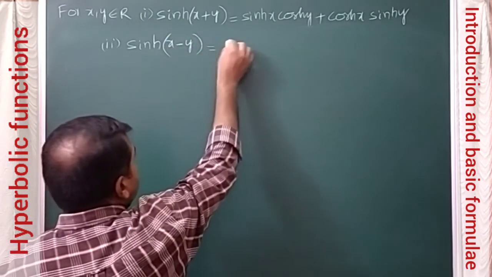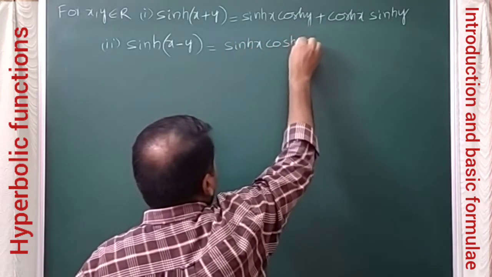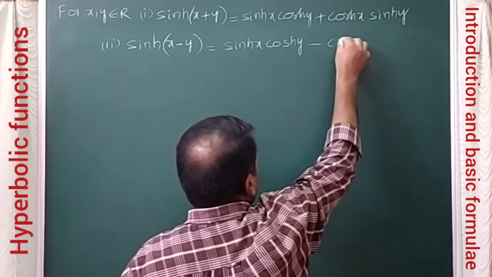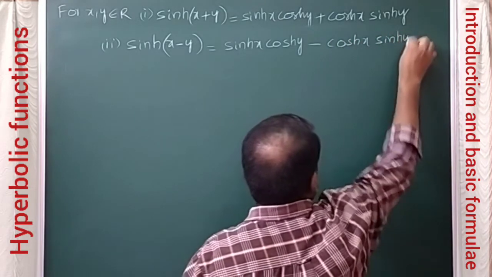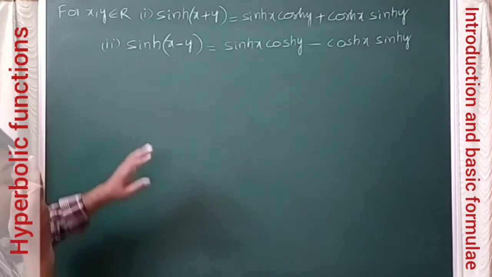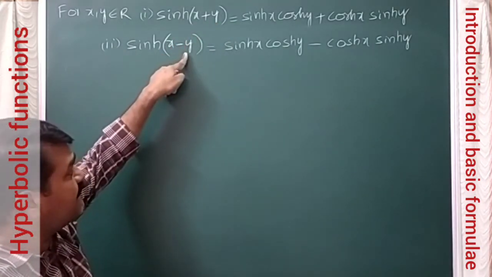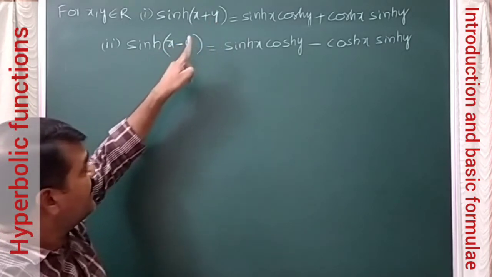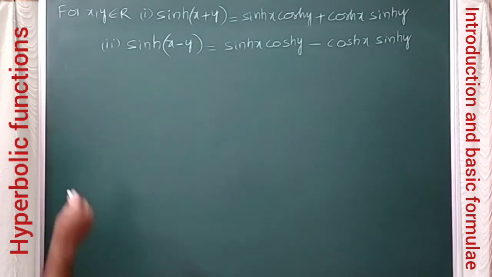So this is sinh x cosh y minus cosh x sinh y. This formula is obtained just by replacing y with minus y, that is, in place of y, if you write minus y, you are going to get this formula.